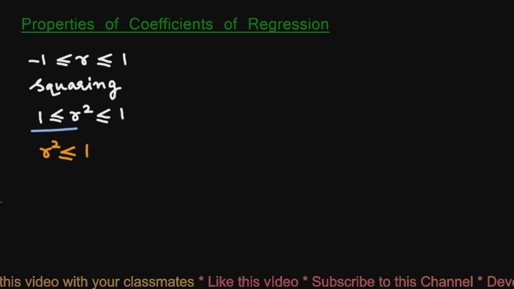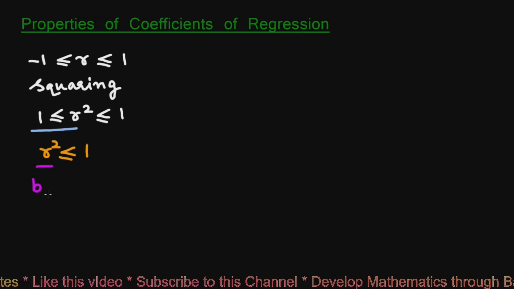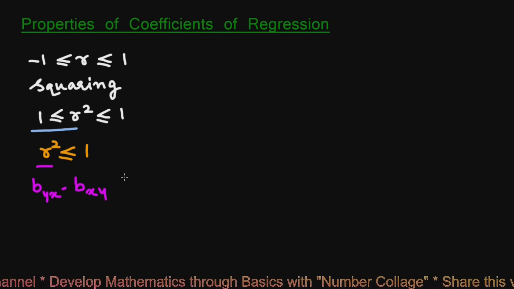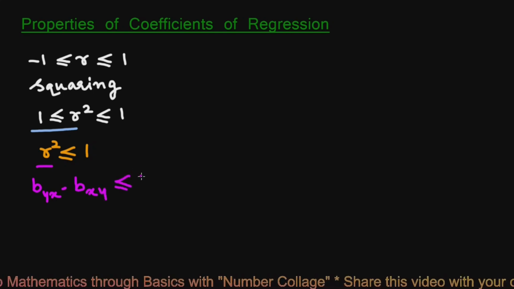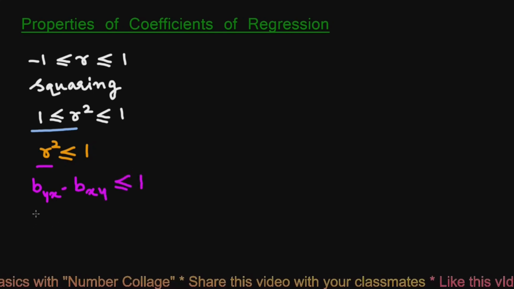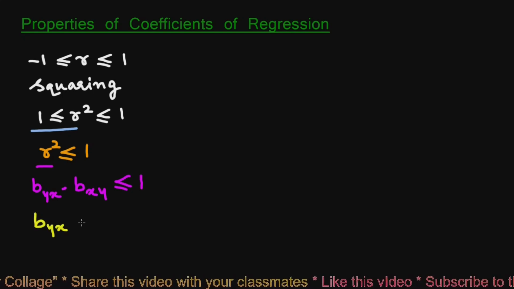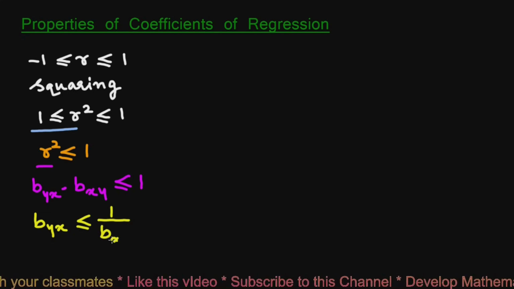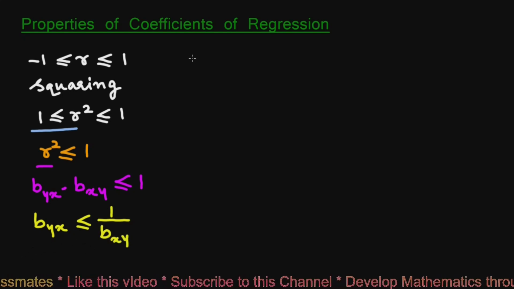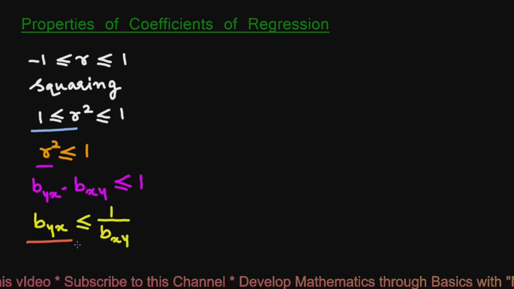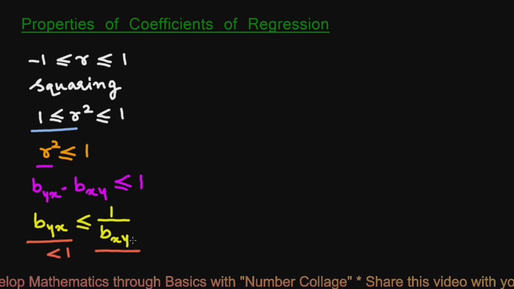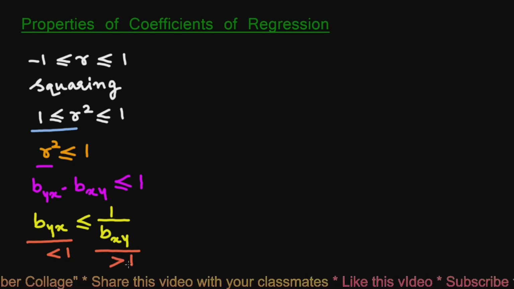But we have just seen r square is byx into bxy. Therefore, their product will be less than or equal to 1, which also means byx is less than or equal to reciprocal of bxy. So naturally, if this byx is less than 1, this bxy got to be greater than 1.